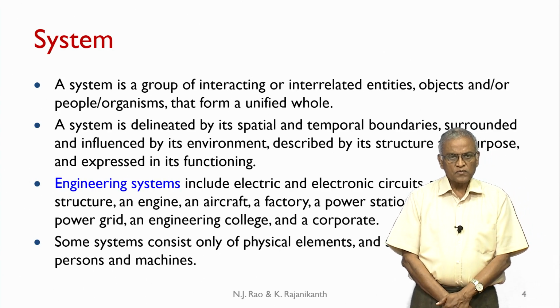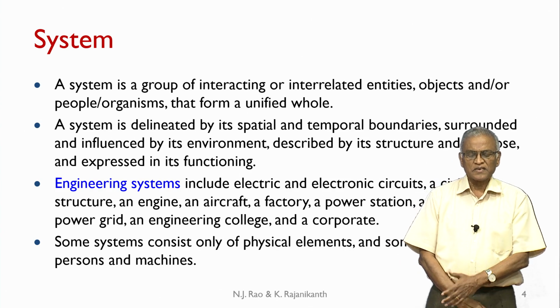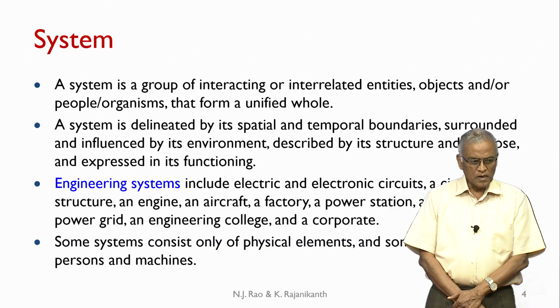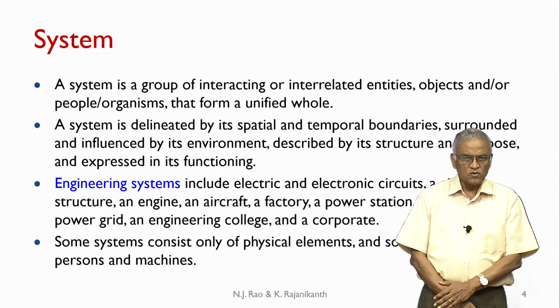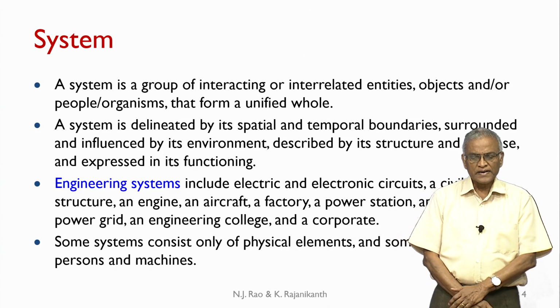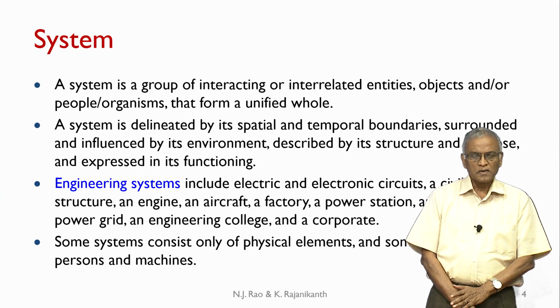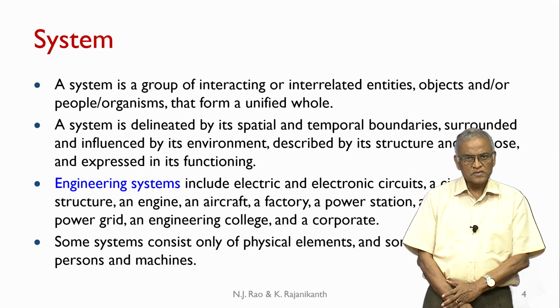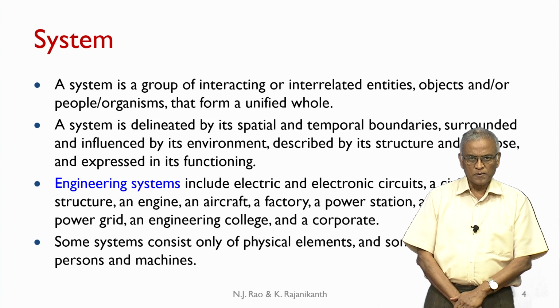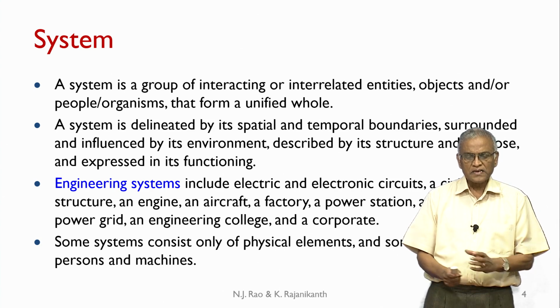And we have to start with defining what a system is. A system is a group of interacting or interrelated entities, objects and/or people or organisms that form a unified whole. What we mean by that is several entities are interconnected with each other.